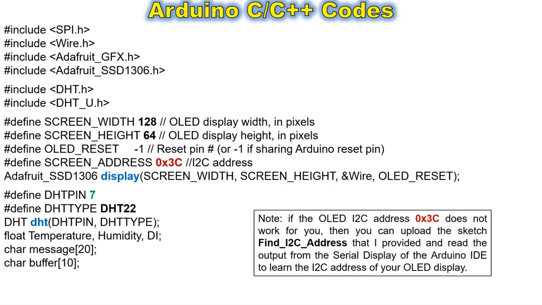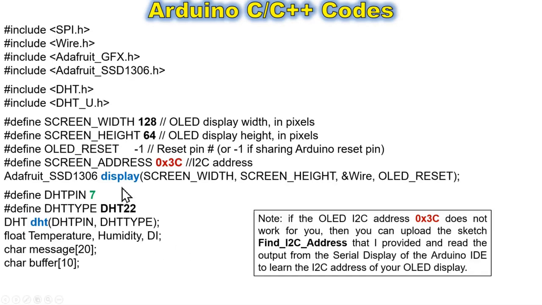You can change this if it is different. Note, if the OLED I2C address 0x3C does not work for you, then you can upload the sketch find_I2C_address that I provided and read the output from the serial display of the Arduino IDE to learn the I2C address of your OLED display.